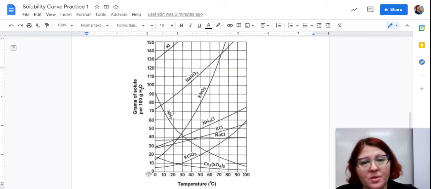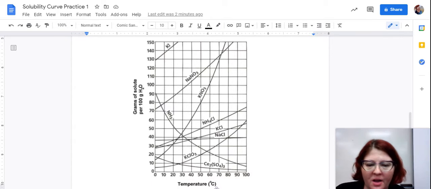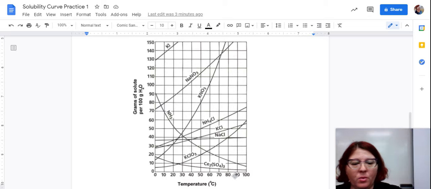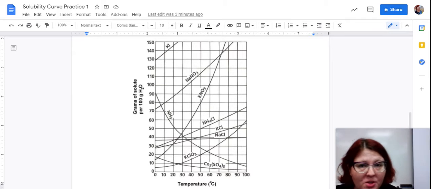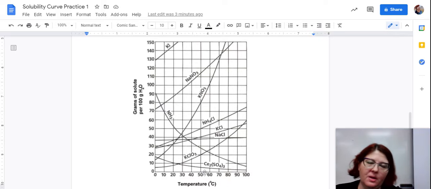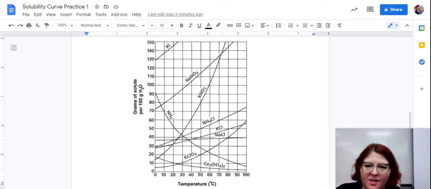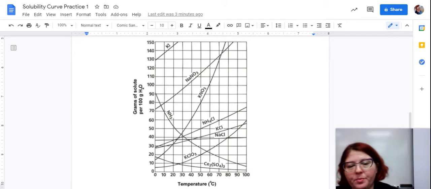Because at 0 degrees Celsius, water doesn't stay liquid, it turns into a solid. And at 100 degrees Celsius, water doesn't stay liquid, but this time it turns into a gas. So the temperature is always going to be on this x-axis, and always between 0 and 100 degrees Celsius on a solubility curve.